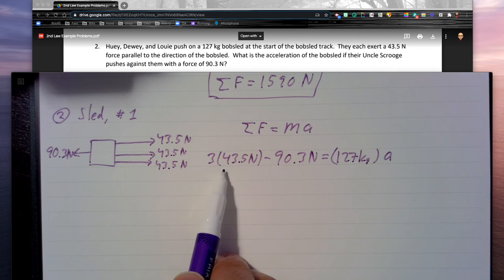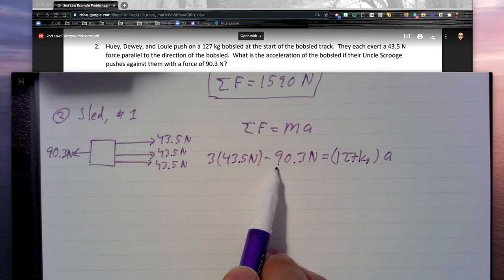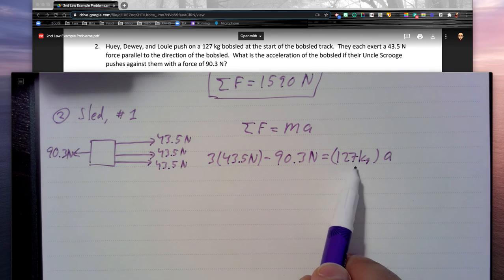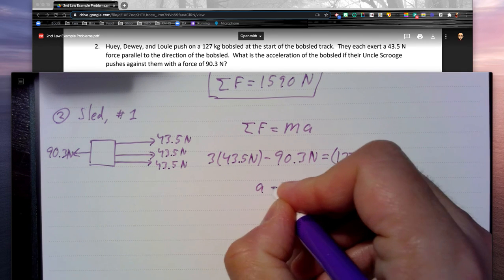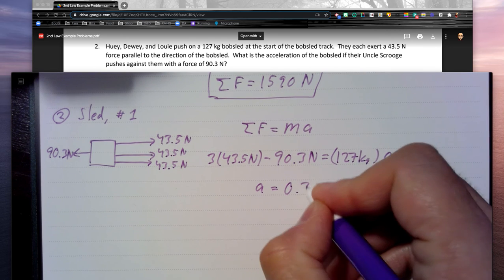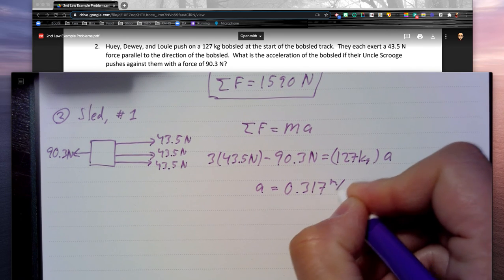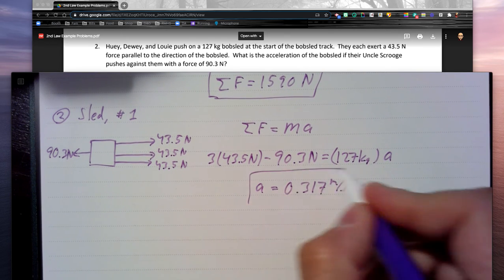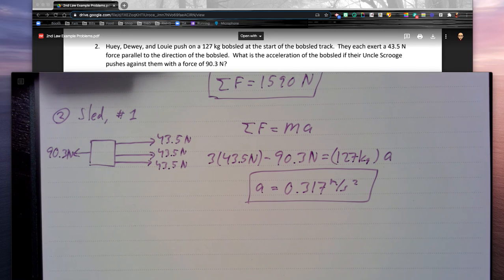So I would multiply this, subtract 90.3, divide that by 127, and I would get an acceleration of 0.317 meters per second squared. So that's the second problem.